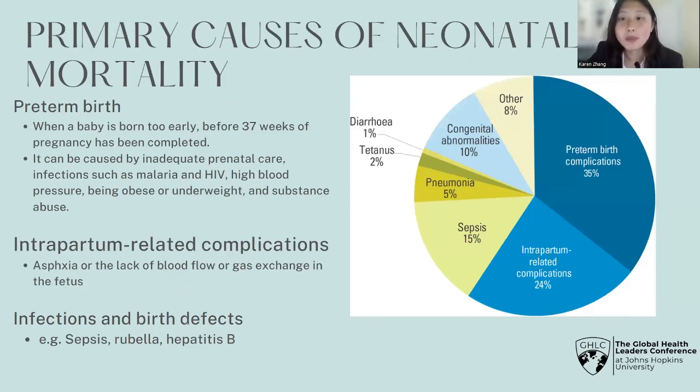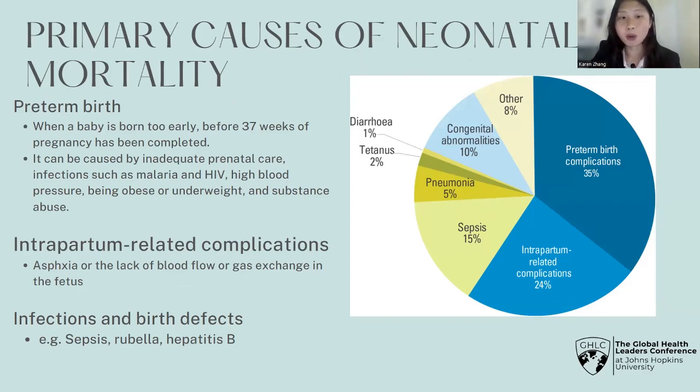So, some primary causes of neonatal mortality. Preterm birth is the leading cause, and it's when a baby is born too early, before the 37 weeks of pregnancy has been completed. And it can be caused by inadequate prenatal care, infections such as malaria, HIV, high blood pressure, being obese or underweight, and substance abuse.